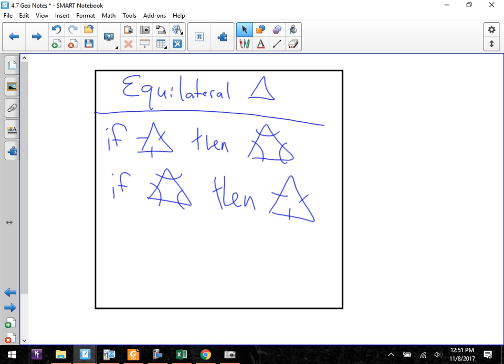It works going both ways. And also, not a bad idea, angle equals 60. In an equilateral triangle, the angle will always, always, always equal 60. That never changes.